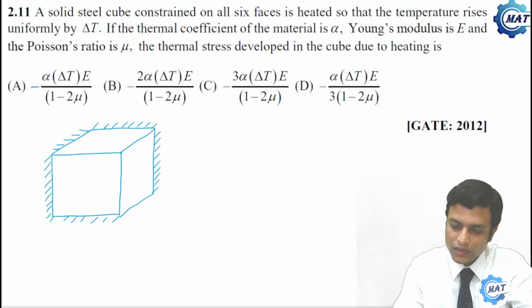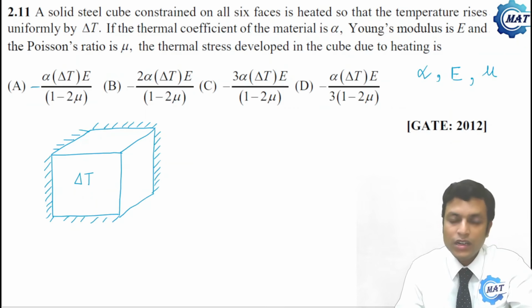Now it is heated so that temperature rises uniformly. Uniformly means all points' temperature rises by delta T. If the thermal coefficient of the material is alpha, Young's modulus is E and Poisson ratio is mu, the thermal stress developed in the cube due to heating is to be determined.